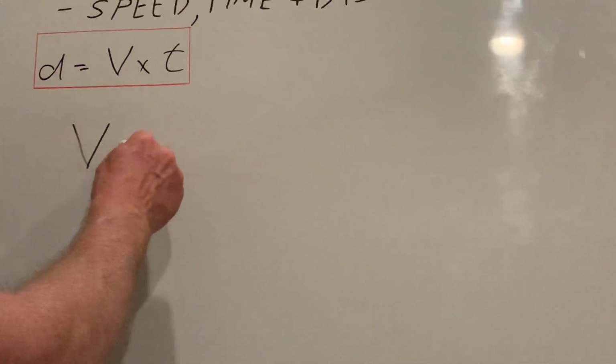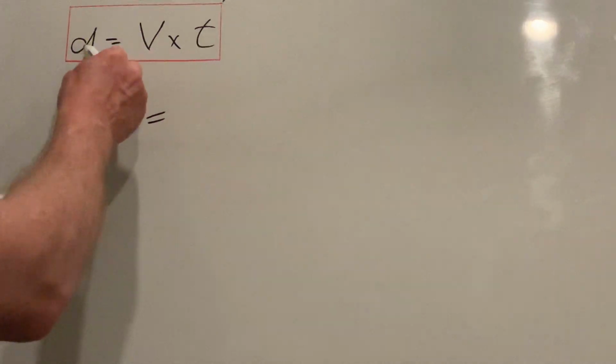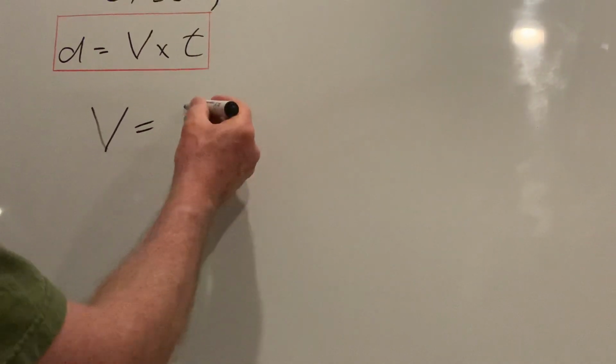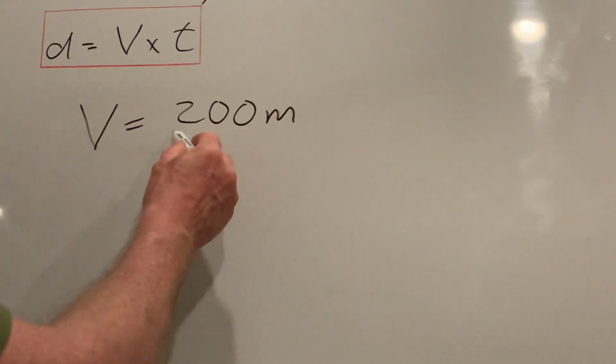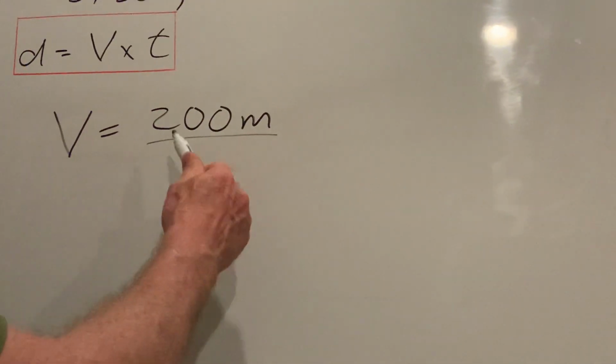So I said, okay, Terry, well, your velocity equals distance divided by time. You said you travel 200 meters and it takes you 100 seconds.